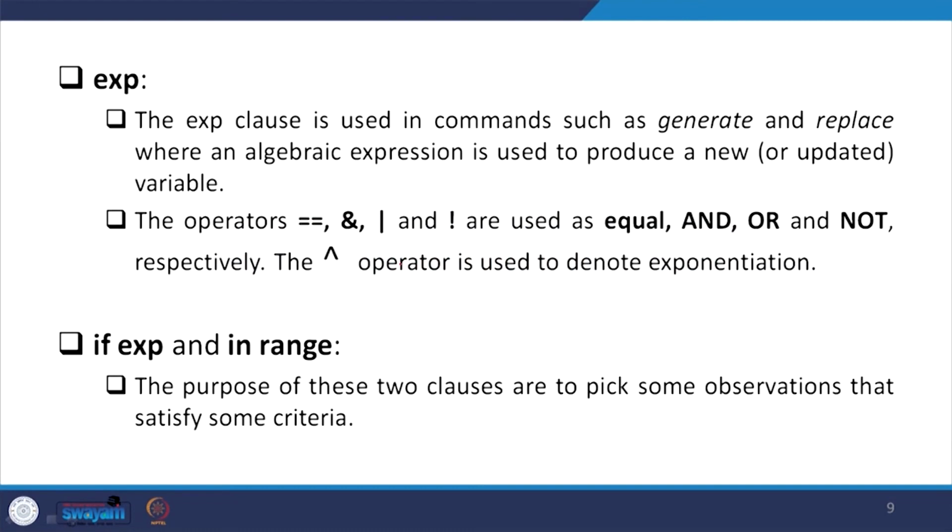Here it is written: you can use double equal to stand for equal, and an ampersand stands for and, if there are joint variables whose information you want. The vertical bar stands for or: use this variable or another variable, or this range or another range, if you want to enter it. The exclamation mark is used for not: if there is a particular figure you do not want, you simply add an exclamation mark.